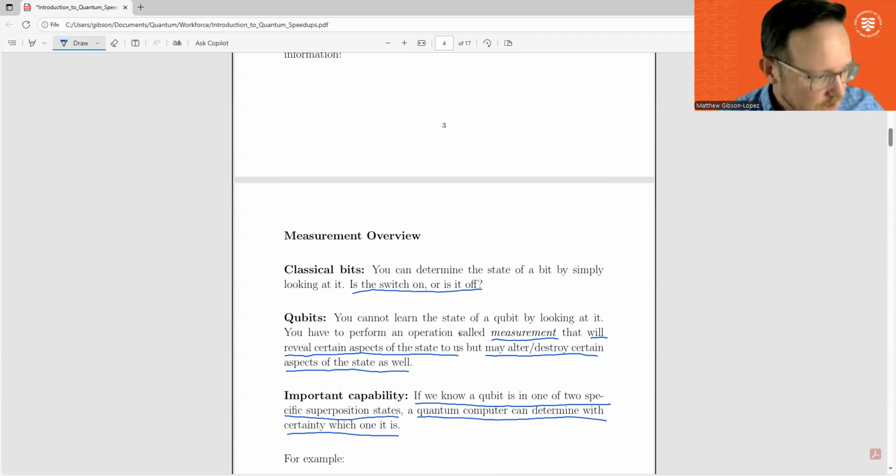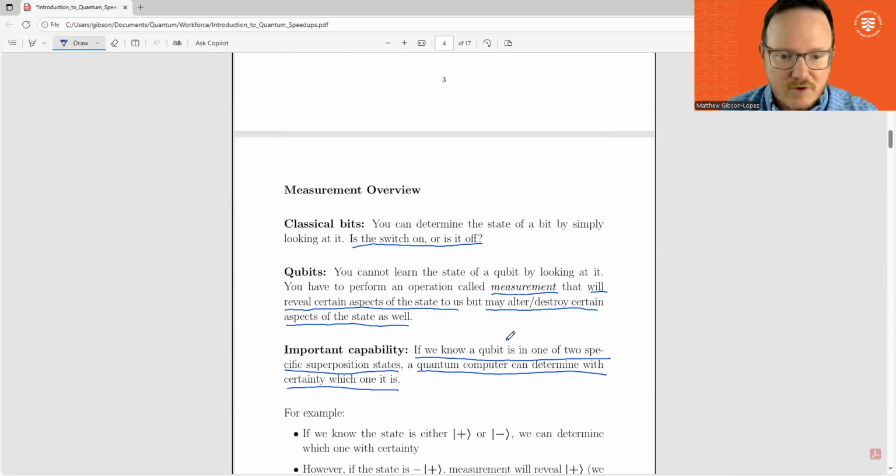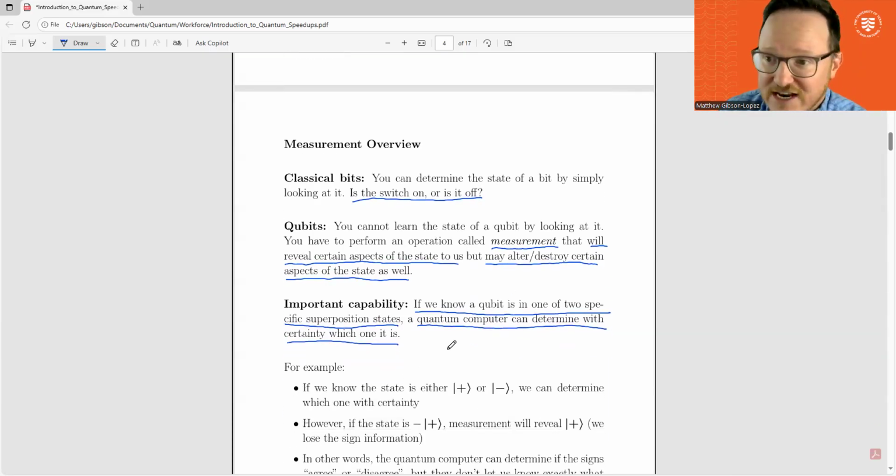For example, if we know the state is either plus or minus, where plus is when the signs agree and minus is when the signs disagree, the quantum computer can tell me which one it is with certainty.